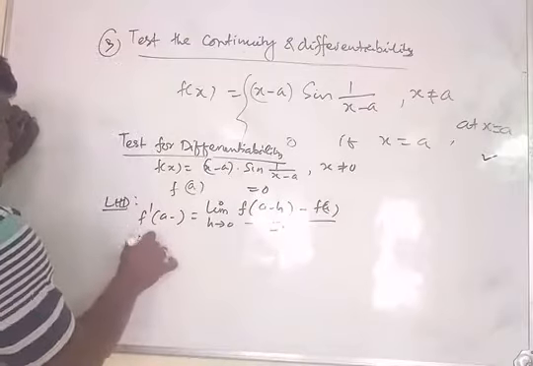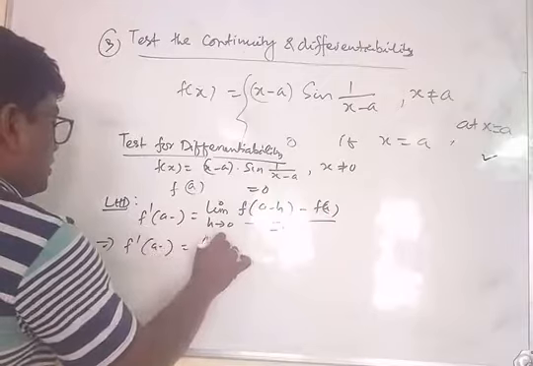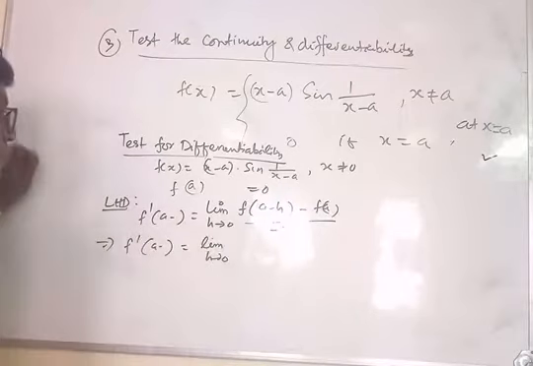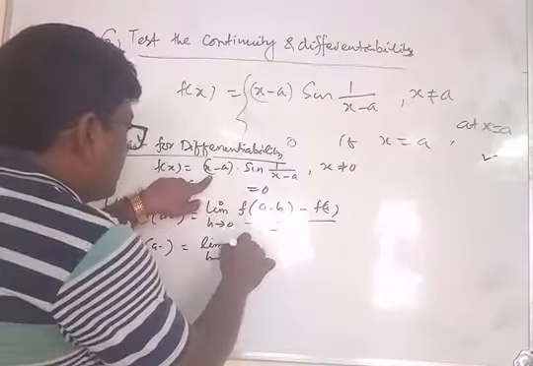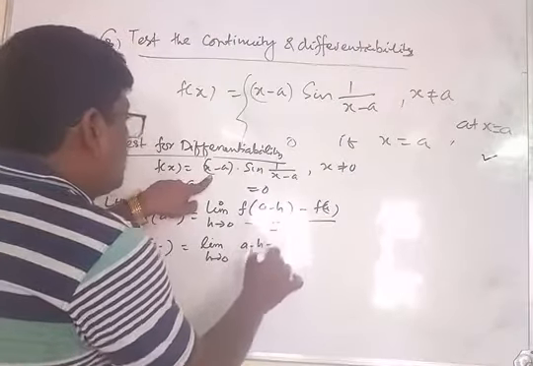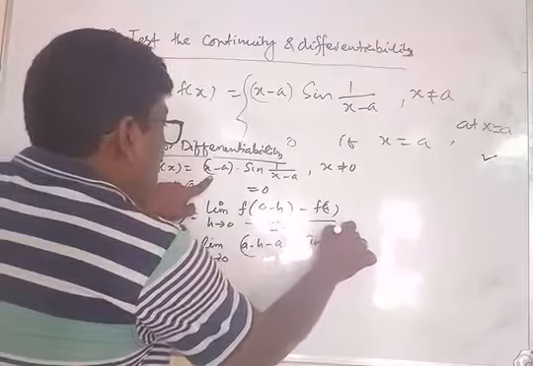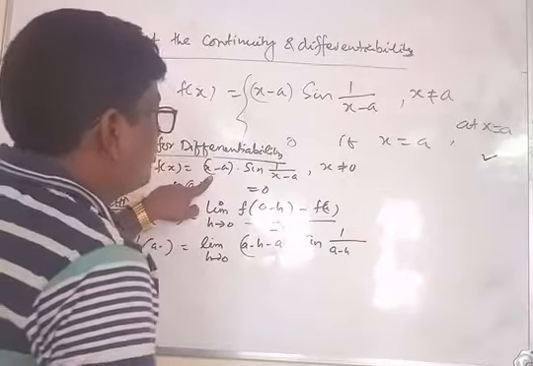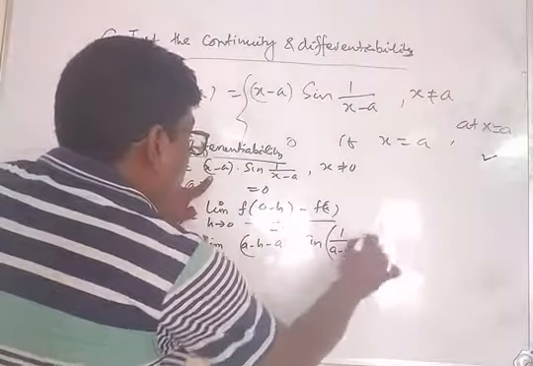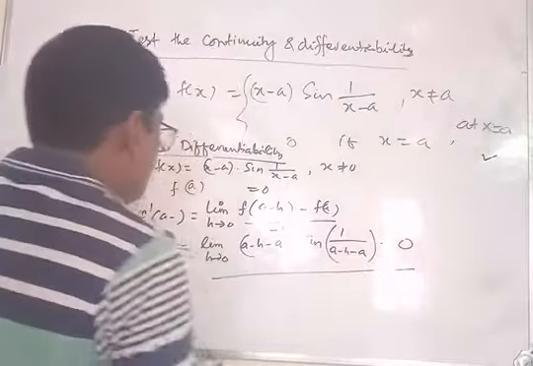Here put x is equal to a minus h. So x minus a, into sin 1 by a minus h, minus f of a means 0, divided by minus h.